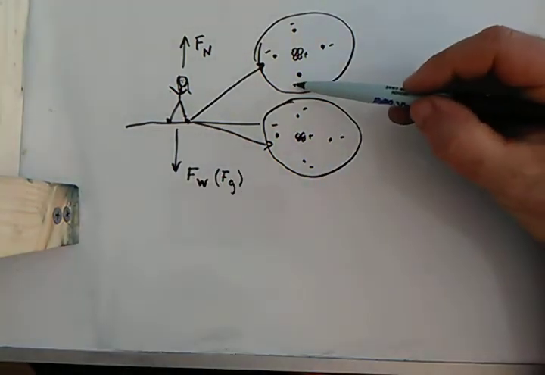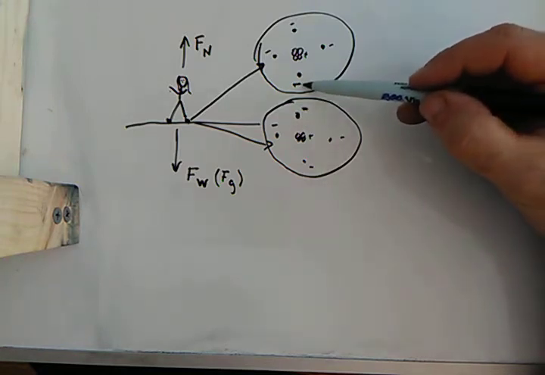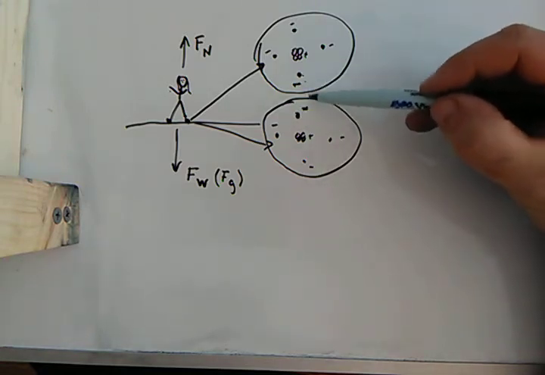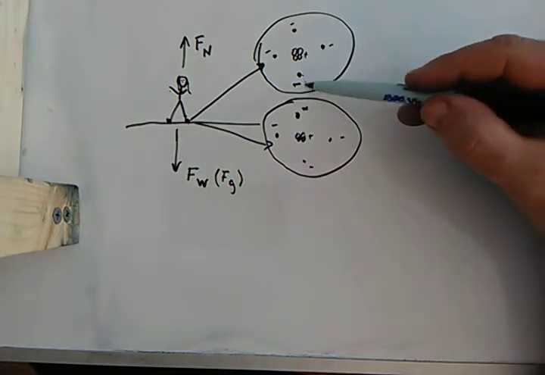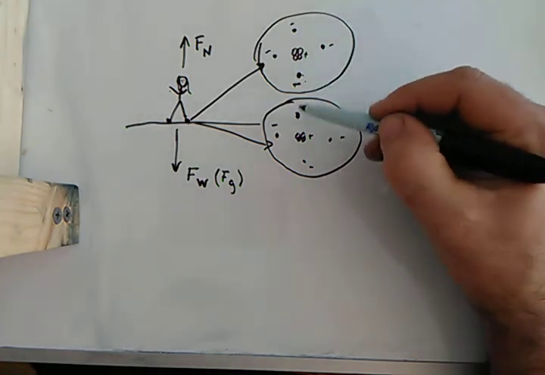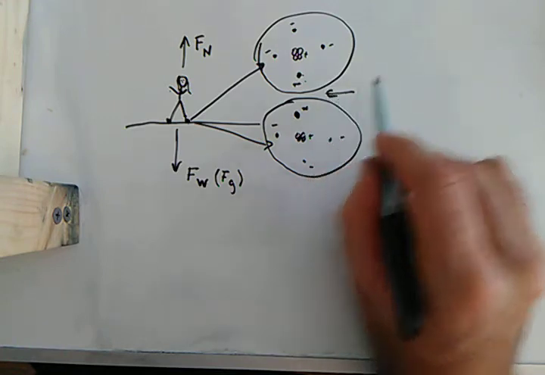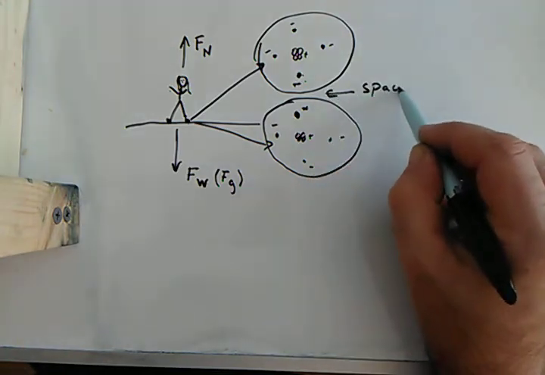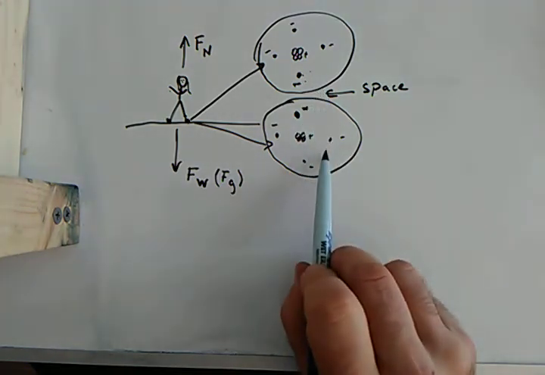Now look what we have here. We've got an electron here. We've got an electron here. These two electrons never touch. So these two electrons will never touch each other, leaving a space between the foot and the ground.